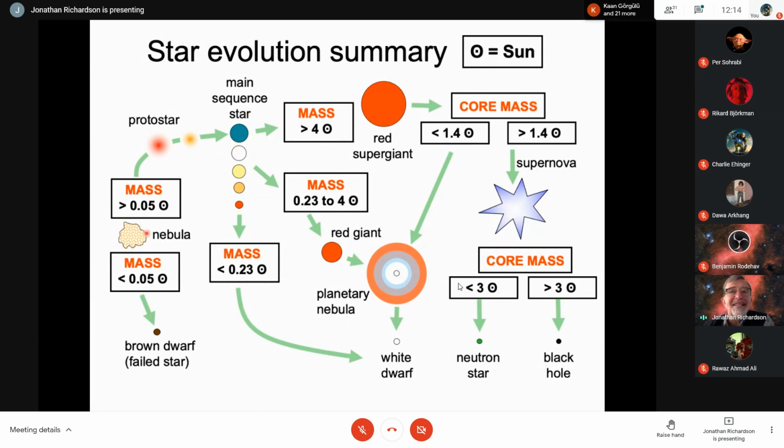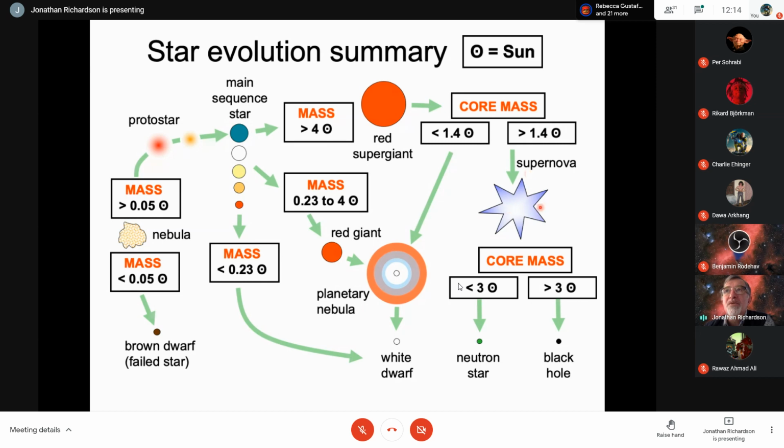Any star that didn't have sufficient mass just fizzled out and became a brown dwarf. So we go through the burning phases. We have the red giants down here. We have supergiants up here. We have planetary nebula, the result of a red giant dying.